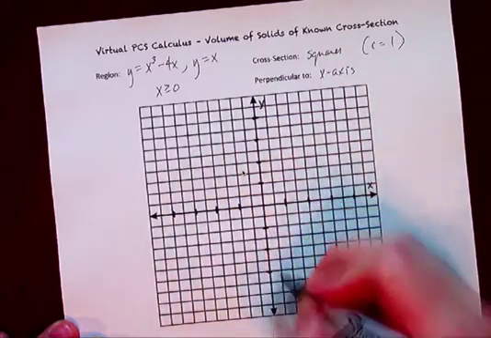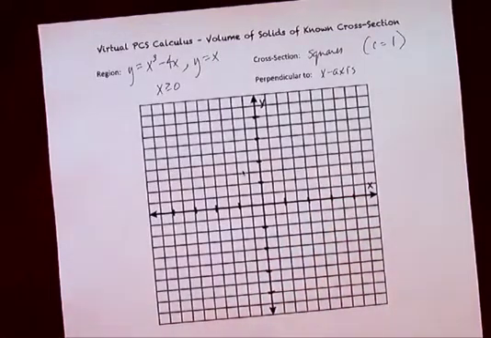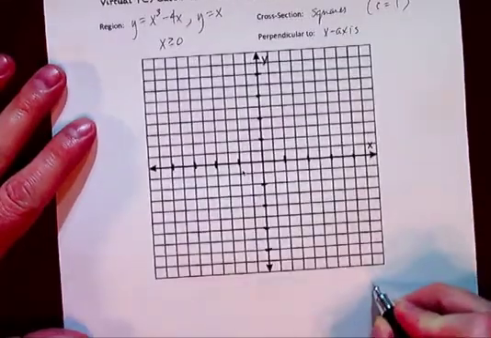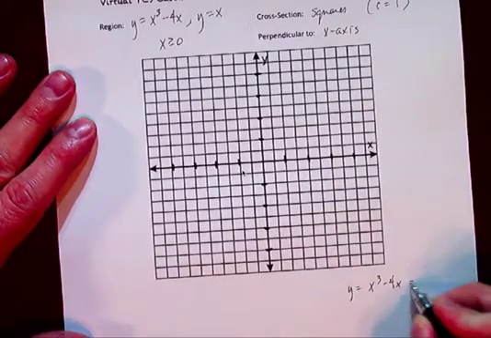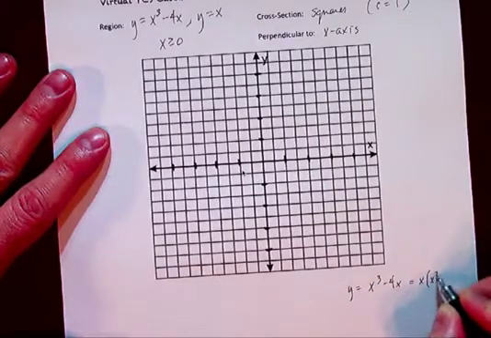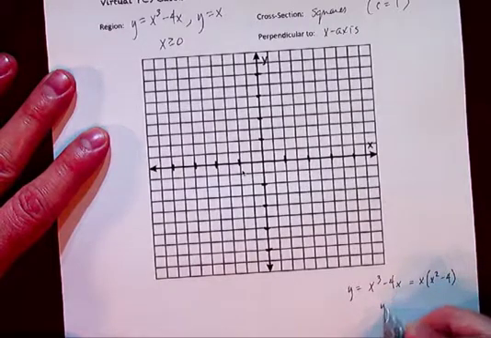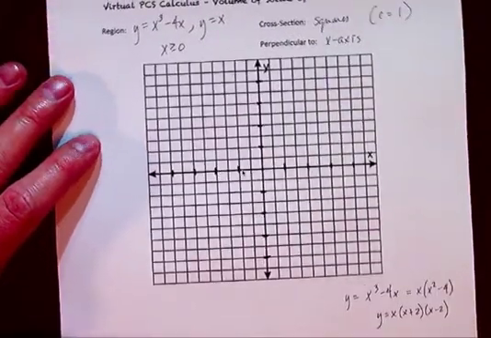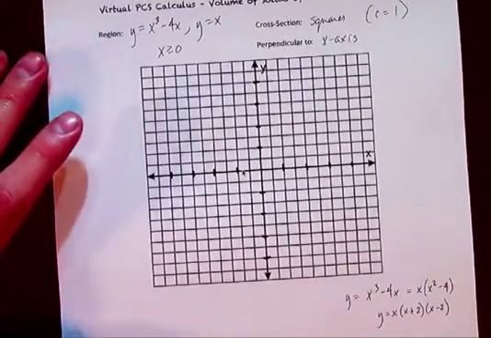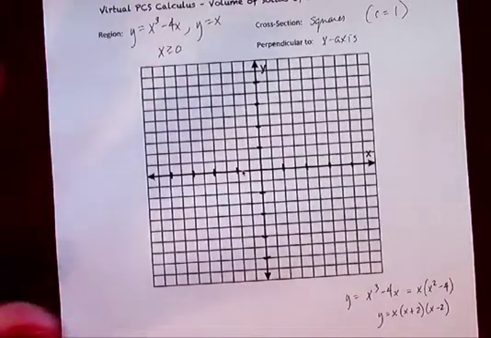The reason I know that is it's pretty easy to factor, right? x cubed minus 4x is x times x squared minus 4, and y is equal to x times x plus 2 times x minus 2 shows us that those are the zeros. That's just the function in factored form.